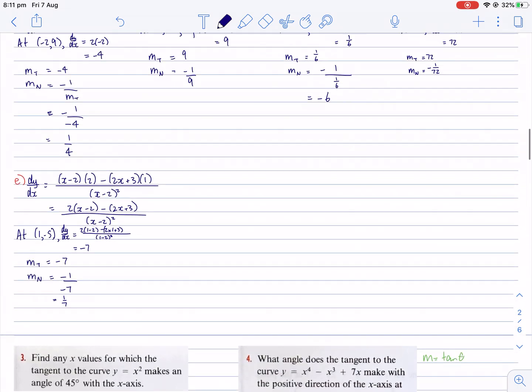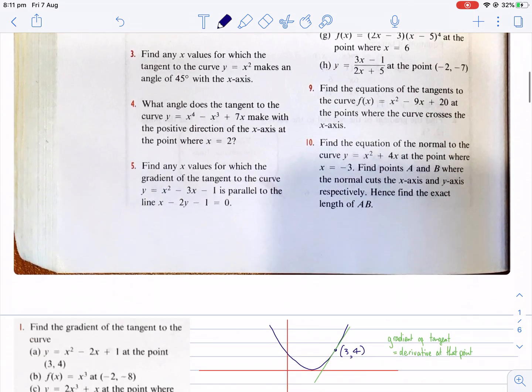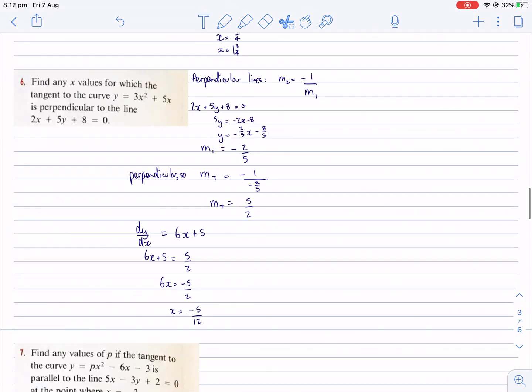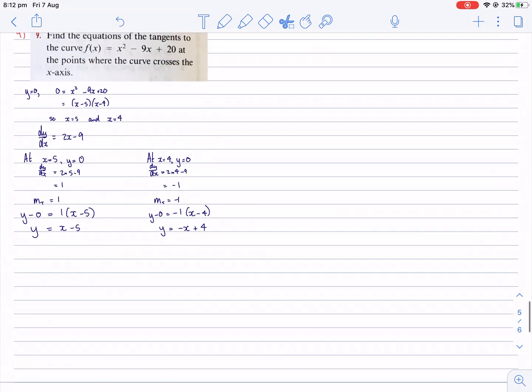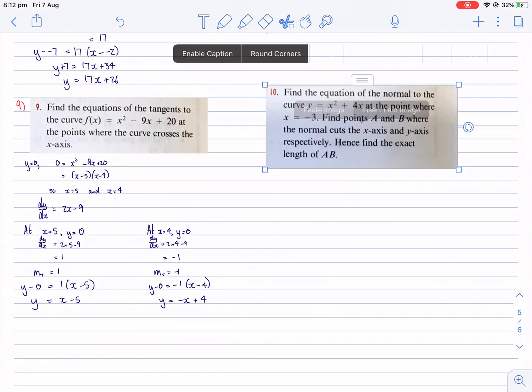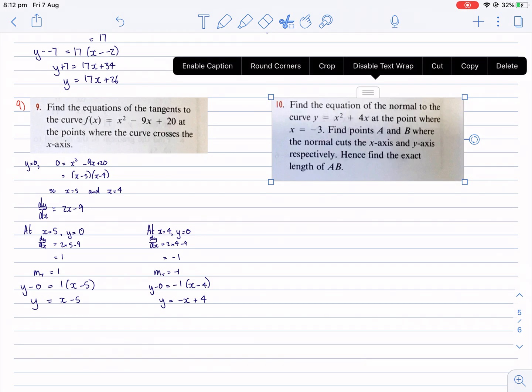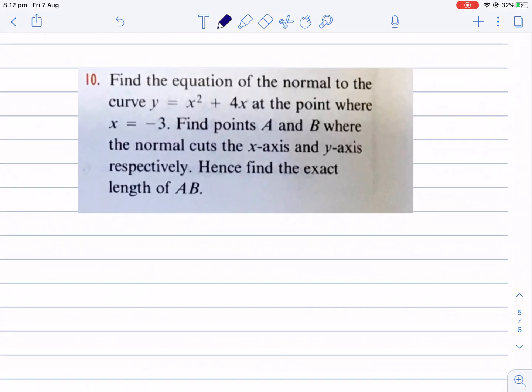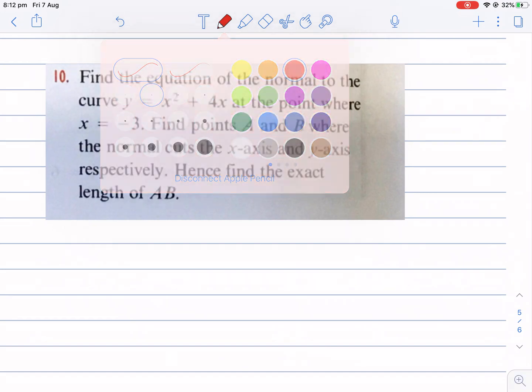Okay, question 10. Let me just grab it. Let's see if I can fit it in the same bit. Find the equation of the normal to the curve x squared plus 4x at the point where x equals minus 3. Find points A and B where the normal cuts the x-axis and y-axis. So this time I've got the graph.